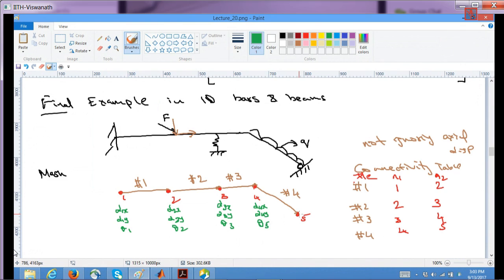Now, when I come to this point, I actually have d phi x, which is this, d phi y is that, so d phi x, d phi y, and theta phi, sorry about this, is theta 4.